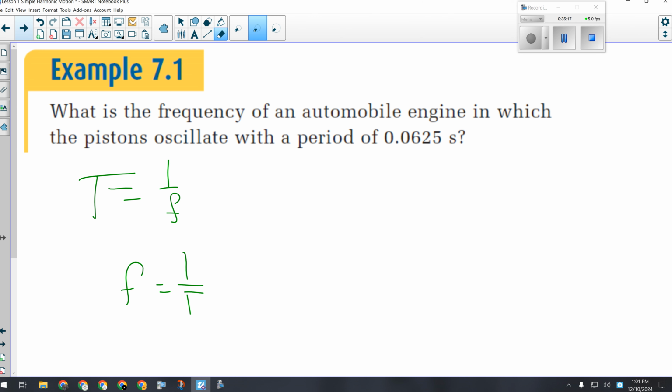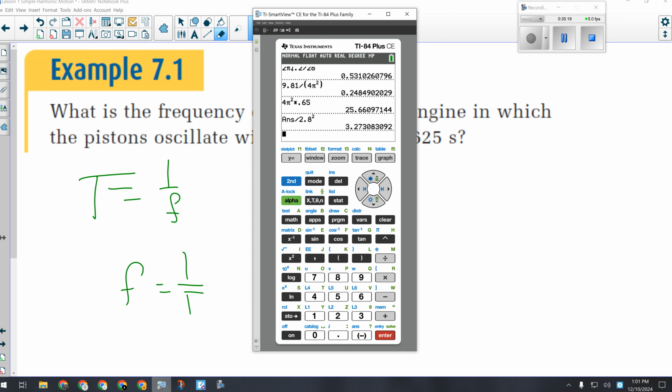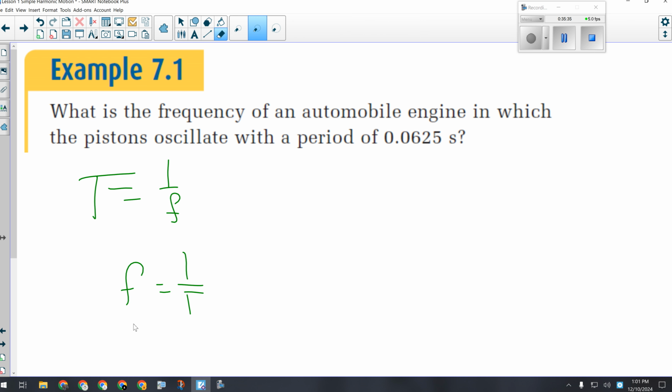So if that's the frequency, we would go 1 divided by 0.0625. That means it's oscillating at 16 hertz, or it's going up and down 16 times per second. Everybody all right with that?